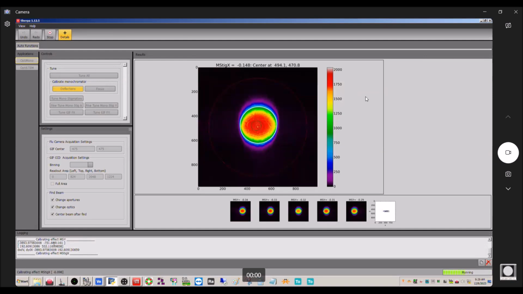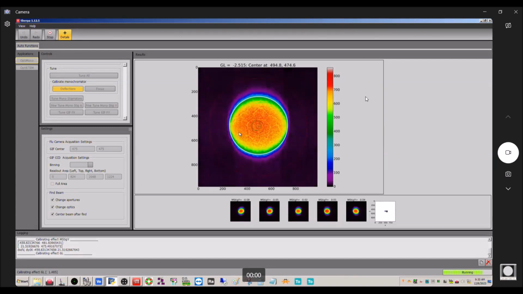Okay, so I think what it did was the shifts, mono shift X and mono shift Y, and now it's doing the mono stig X. And now it's doing mono stig Y. And a lot of this is for convenience, so that when you're tuning the mono here, you are keeping the beam centered.